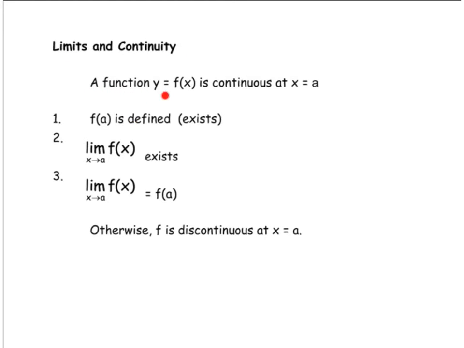A function y equals f of x is continuous at x equals a, at a particular place, if f of a is defined. Now, what that means is there are no holes. That point has to exist.